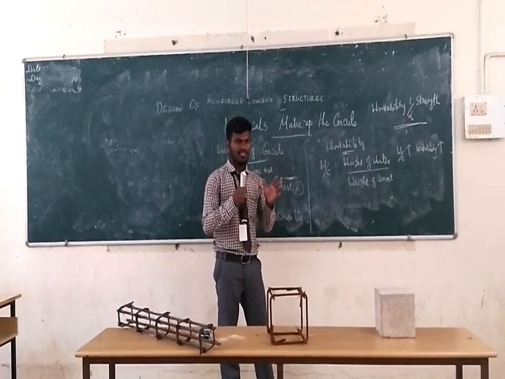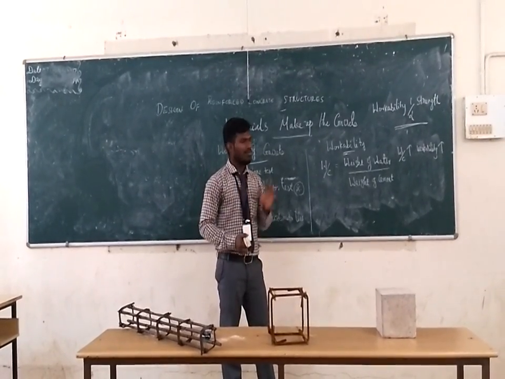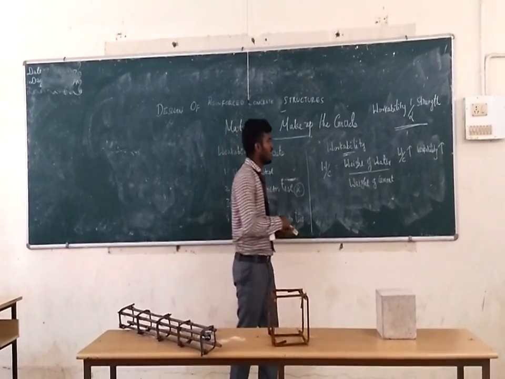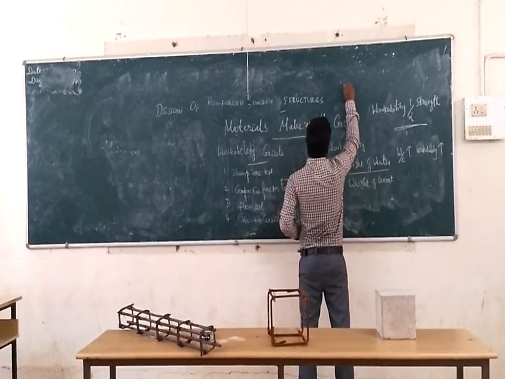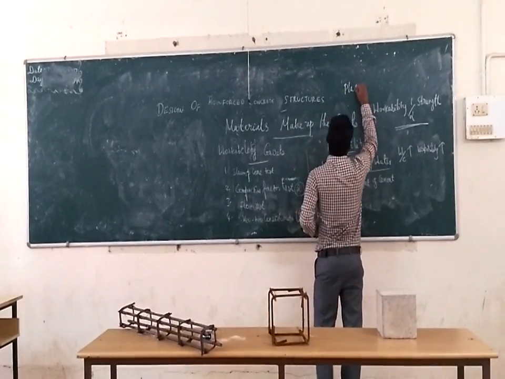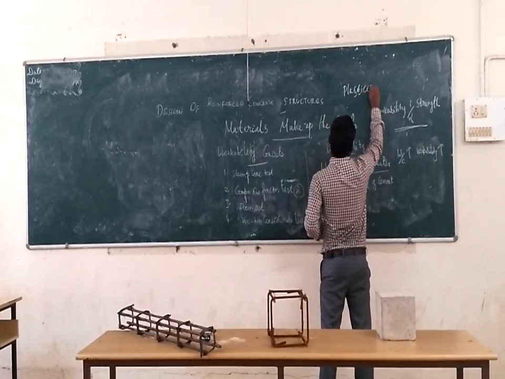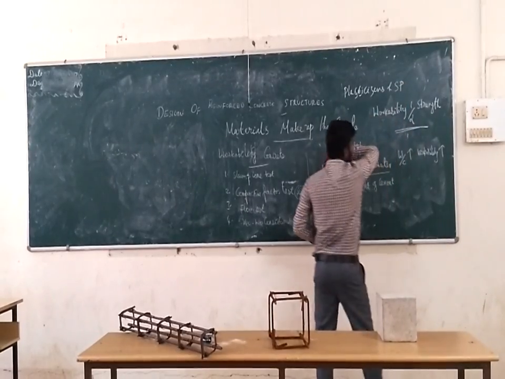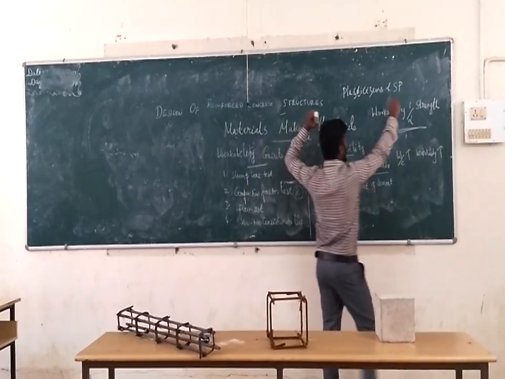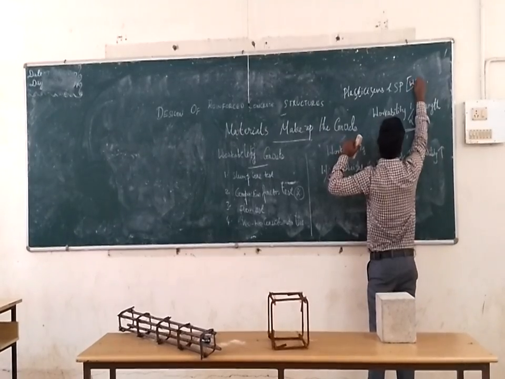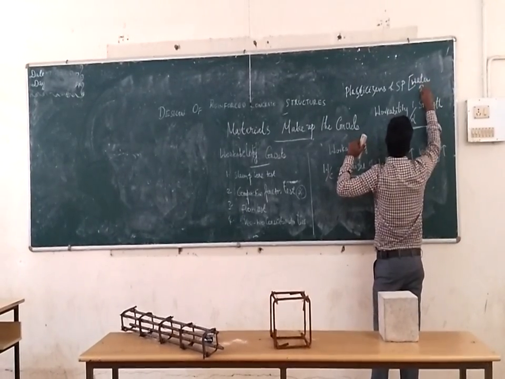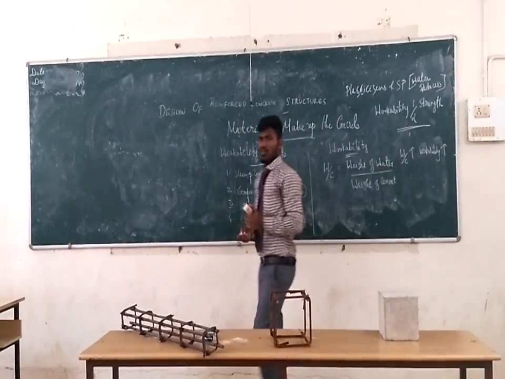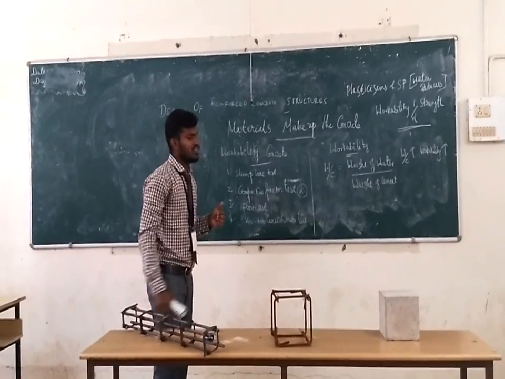I need workability in high measure and also the strength, by adding certain chemical admixtures, popularly known as plasticizers and super plasticizers. We call them water reducers.